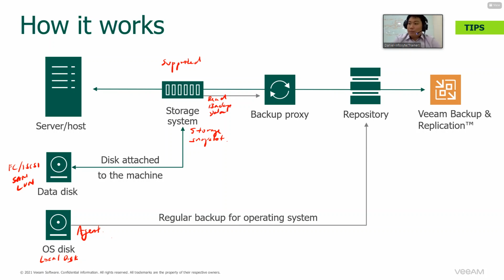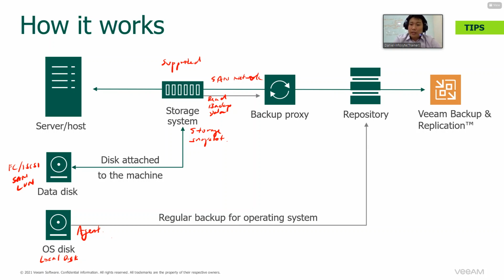So I will not be running agent-type backup on the server host. We are now running on the SAN network, so it's either FC or iSCSI.